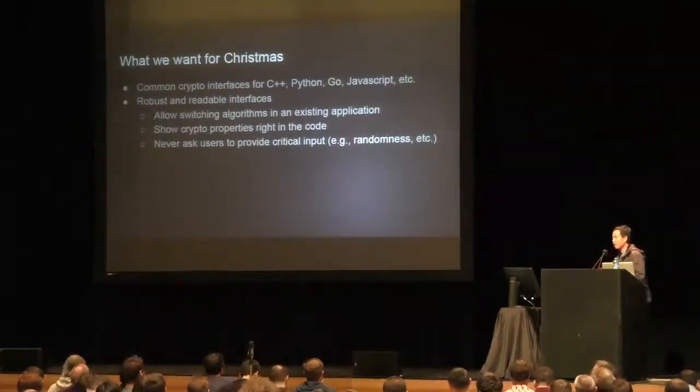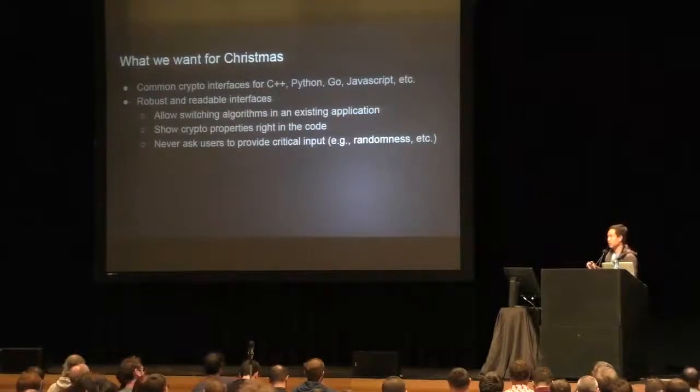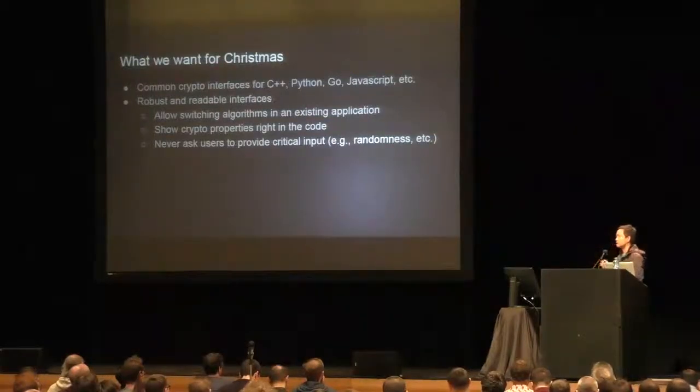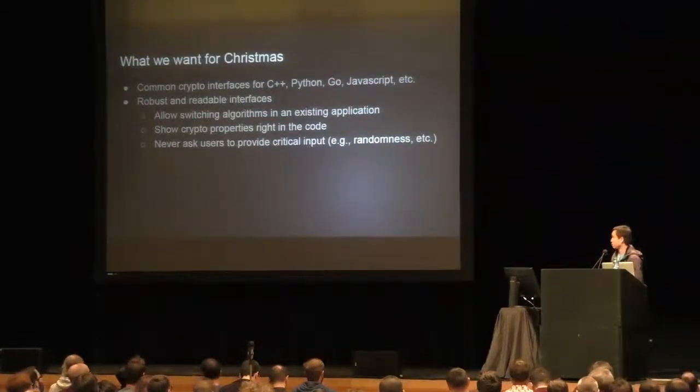For example, we have crypto libraries that ask the user for random input. If you want to encrypt something, you have to pass in a random number generator. And it's impossible to test those libraries because even if we test the library, the user can easily screw up by passing in an insecure random number generator.